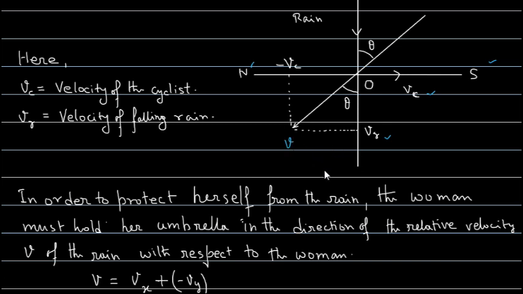So we can write v is equal to Vx and negative of Vy, because this point is negative of Vy. So the coordinate axes will be Vx and minus Vy, because this is the minus side.